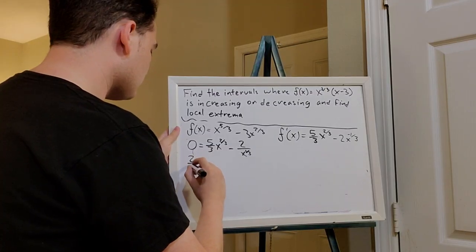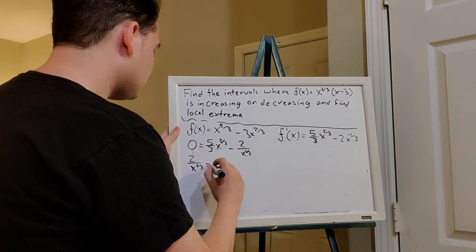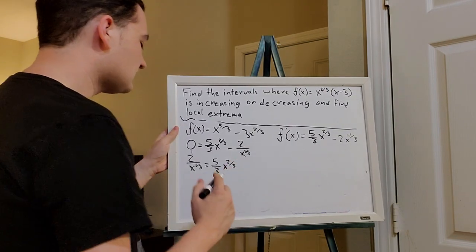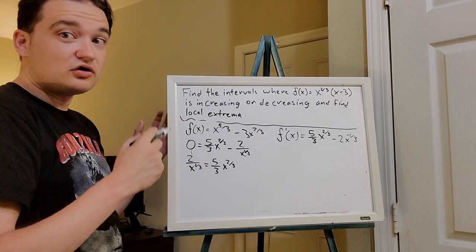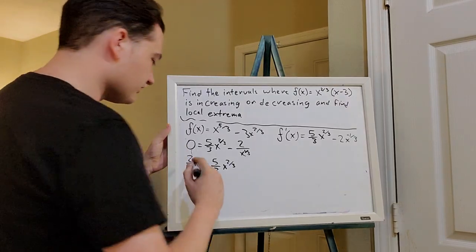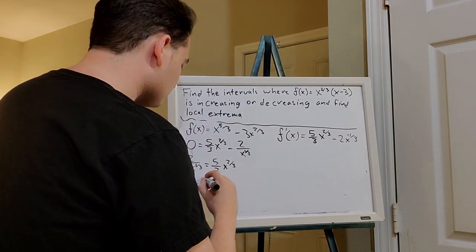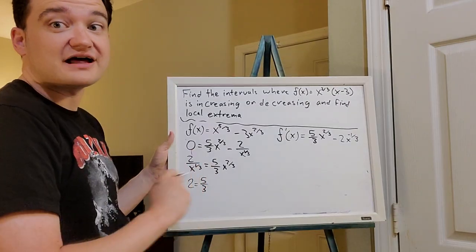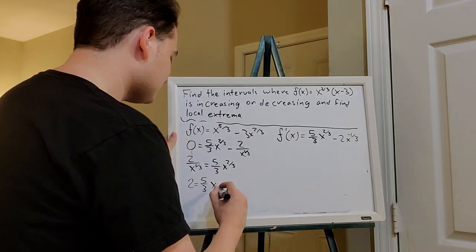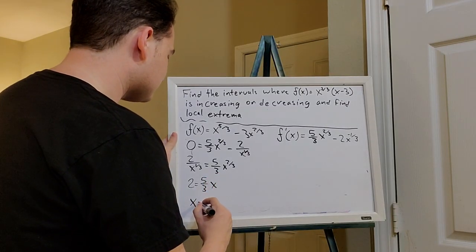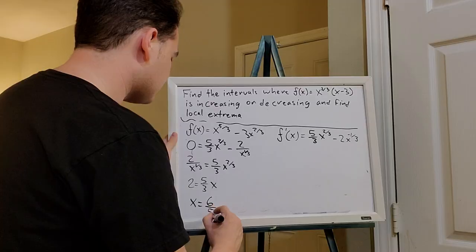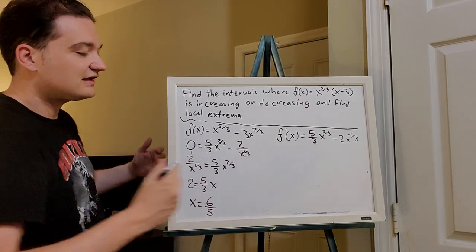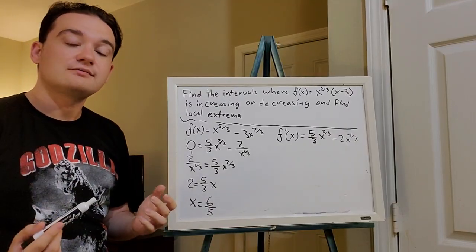We're going to have 2 over x to the 1/3 equals 5/3 x to the 2/3. We're going to multiply both sides by x to the 1/3. So we get 2 equals 5/3 times x. And by extension, we get x equals 6/5.